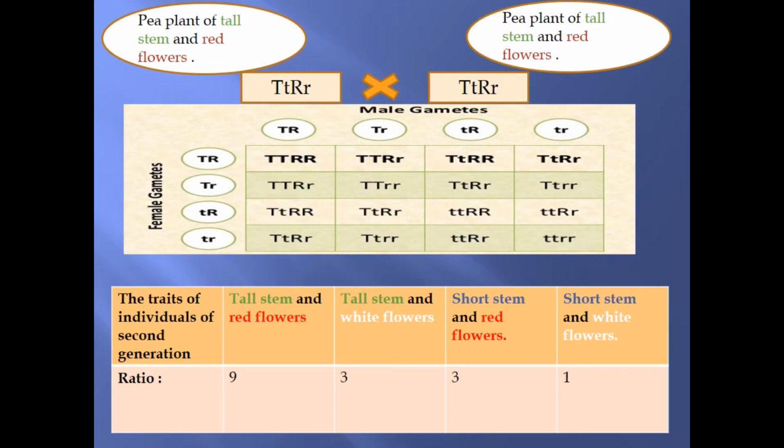For example, we saw in the second generation plants having tall stem and red flowers, while others having tall stem and white flowers, others with short stem and red flowers, while other plants having short stem and white flowers. But all those types of plants eventually give the same ratio of dominant traits to recessive traits, which is 3 dominant to 1 recessive.